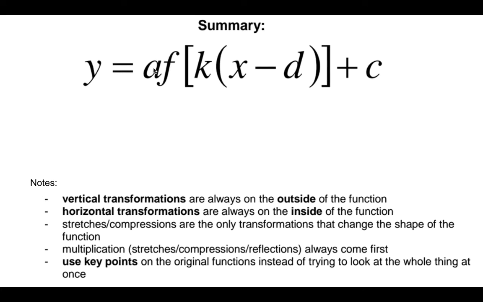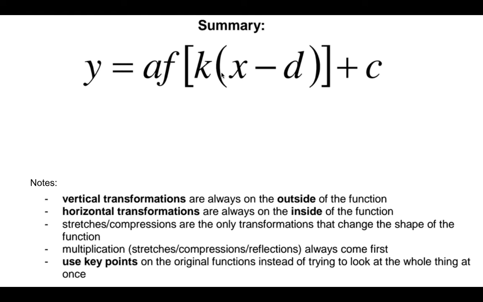And in summary, these parameters here, the a and the c, are on the outside of the function, so they happen to the verticals, which is nice. The k and the d happen to the horizontals because they're on the inside. They happen to the inputs. Stretches, compressions, and reflections are things that change a shape. Reflections and stretches, compressions should come first.